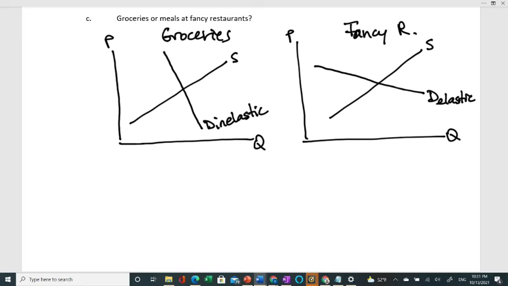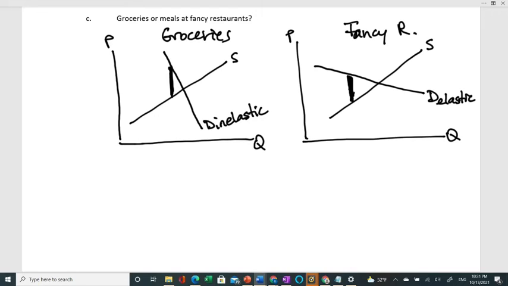Now we're going to add a tax in both markets. So let's assume that here we have the tax on groceries. And I will find the same distance. It's about this distance in the fancy restaurant. It's the same tax we apply.